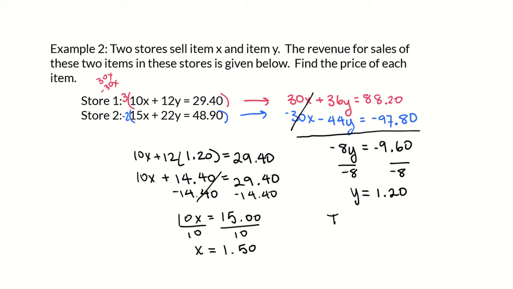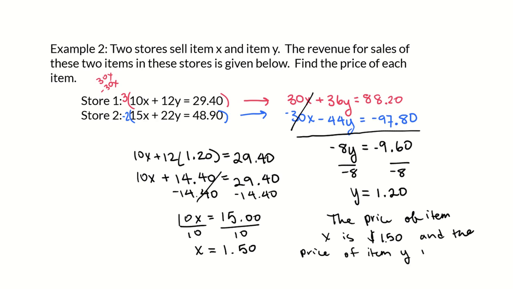So the price of item X is $1.50, and the price of item Y is $1.20.